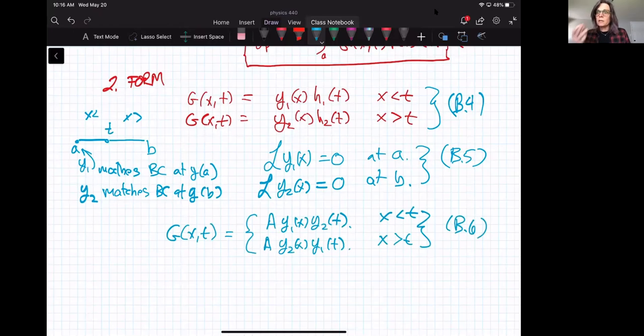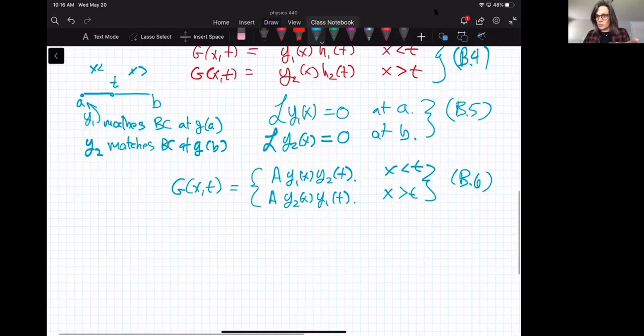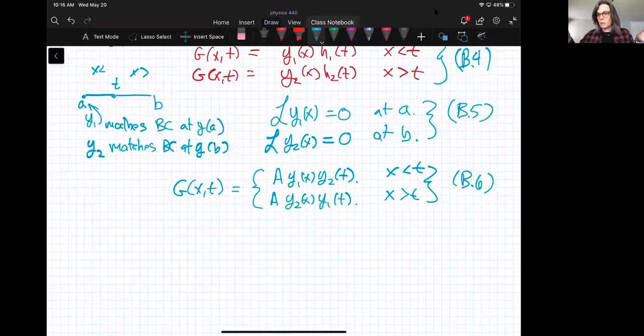Okay, and again, just think of t as a parameter or spot that cuts off these two solutions at the endpoints. It's going to be a little confusing when we start doing the intervals, but it's a way of us just splitting apart the solution into these two pieces. The way we get A is basically looking at the Wronskian of these two solutions.